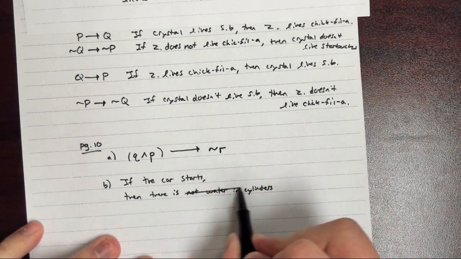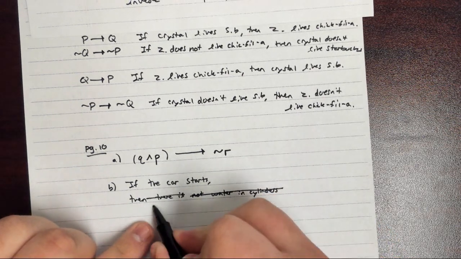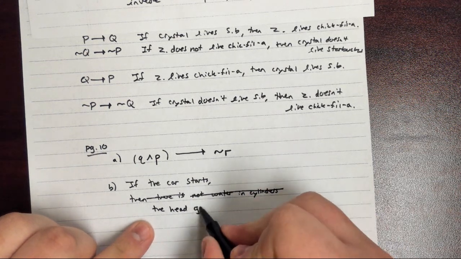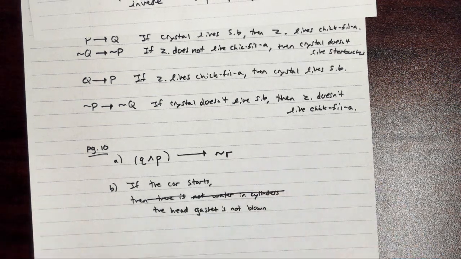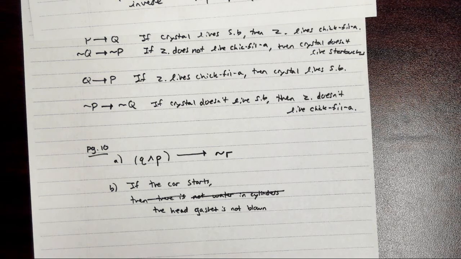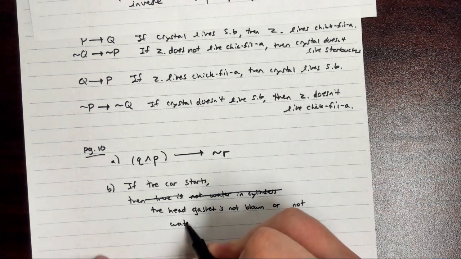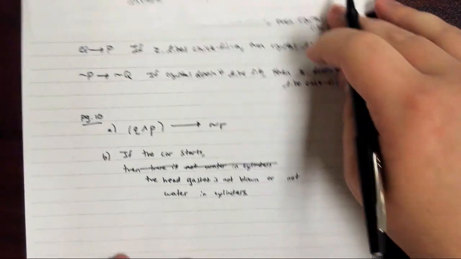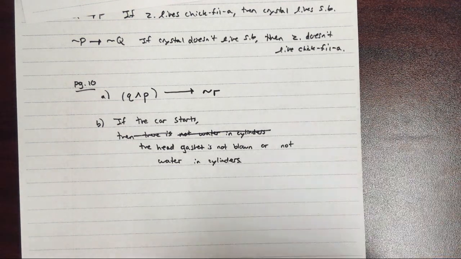So Q is, the head gasket is blown, so then the head gasket is not blown, or there is not water in the cylinder. No, the not will go to both, because it's in parentheses. Again, we're not concerned with truth values. That's just what the statement is.